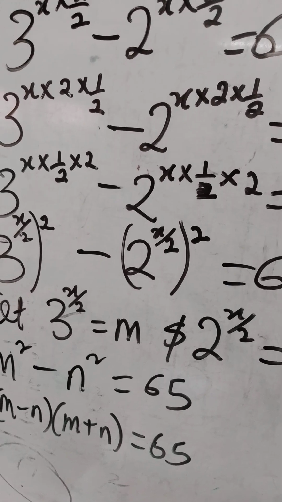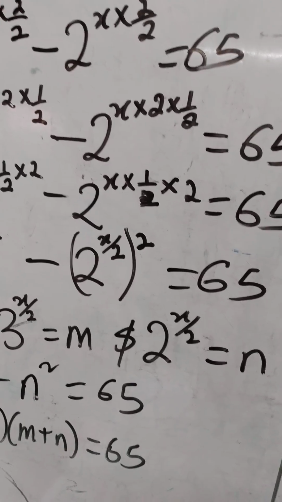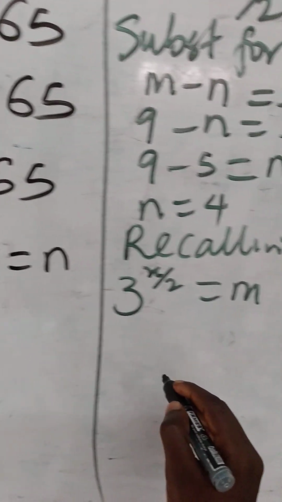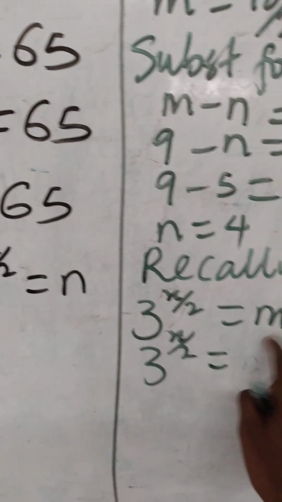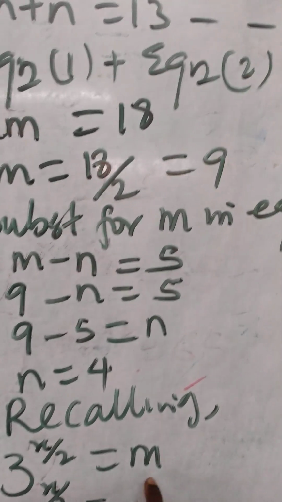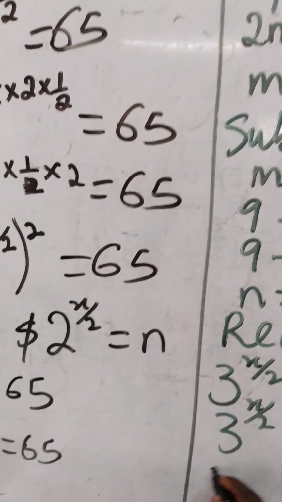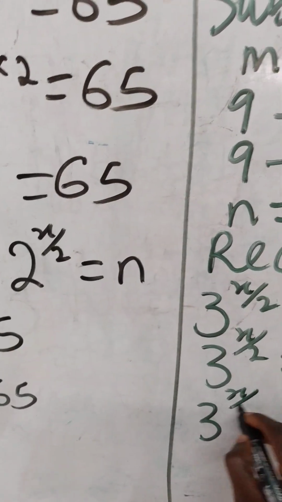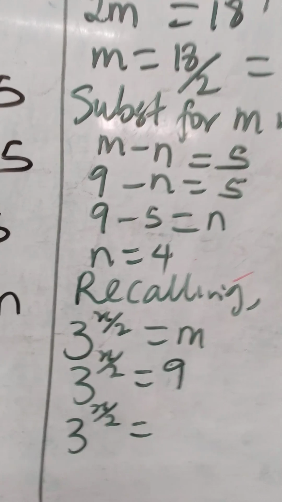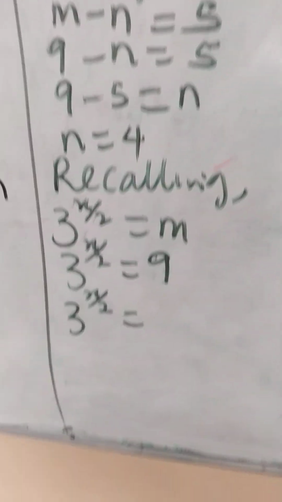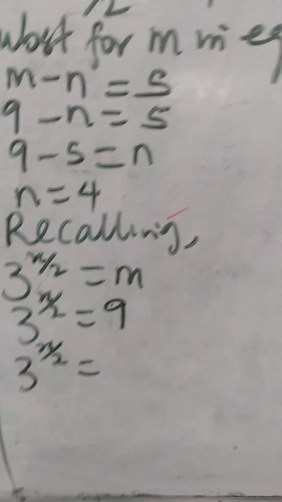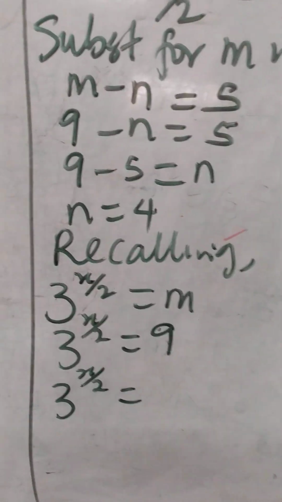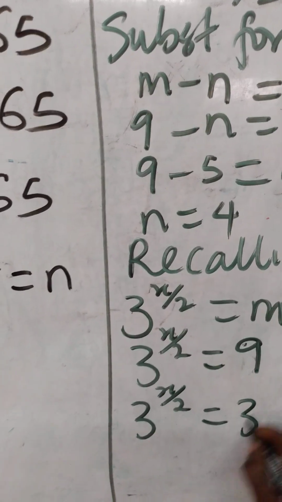Substituting, m is 9, so 3 raised to the power s over 2 equals 9. 9 is 3 times 3, that's 3 raised to the power 2.